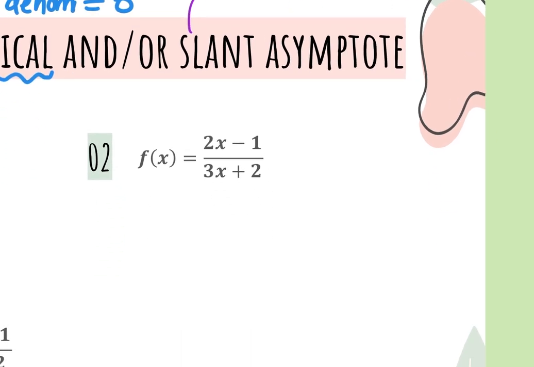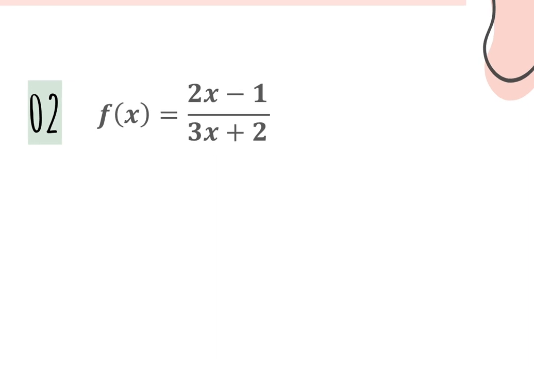All right, we go to 2. Can I factor the numerator or the denominator? No, can't cancel anything out, which means there are no holes. So now I go to the vertical asymptote. I set my denominator equal to 0. I get 3x equals -2, and x equals -2/3.